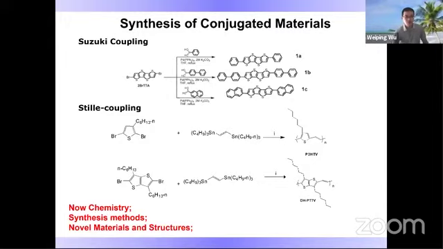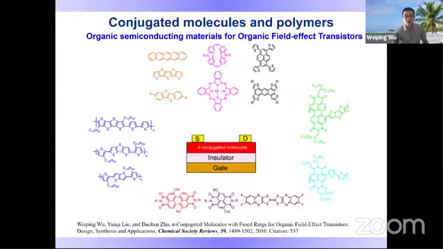Among these fields, we are very interested in new chemistry and new synthesis methods to develop novel materials or structures. During my PhD, I discovered hundreds of materials, tested their properties, and built optoelectronic devices based on these conjugated small molecules and polymers.